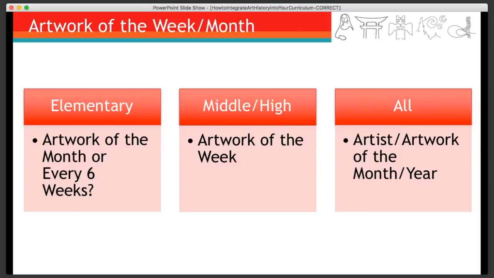So it gives the teacher a lot of freedom. But at the end of elementary, they've got pretty substantial background knowledge. You could even have all your kinders do Keith Haring, and then all your next grade whatever artist you choose. It could be of the month, of the year, or of the 6 weeks.